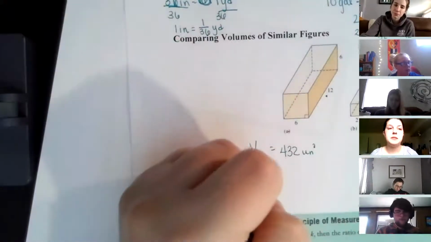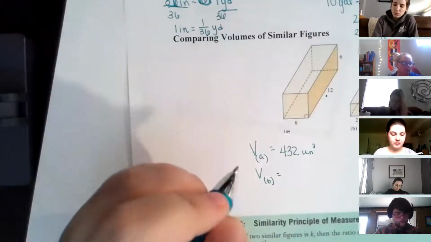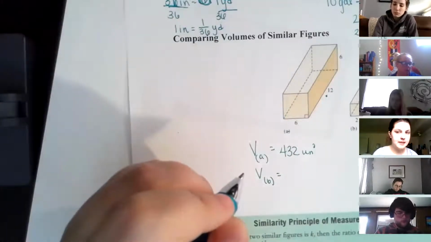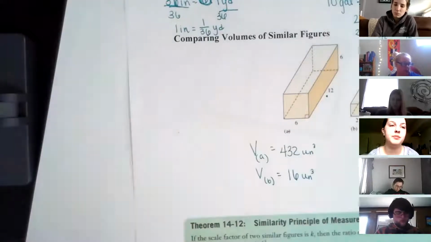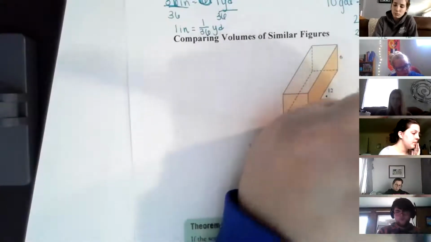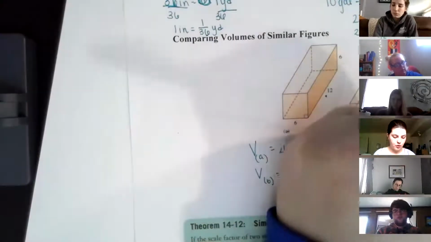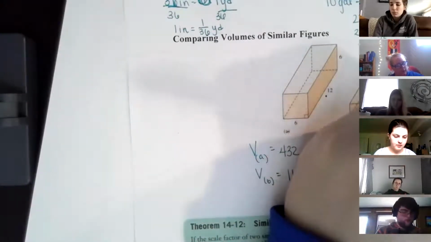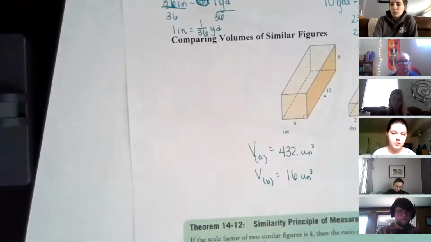And if I look at the volume of B, what do I get? 16 cubic units. Now, if I look at the ratio of those volumes, I get 432 divided by 16. What is 432 divided by 16? 27.